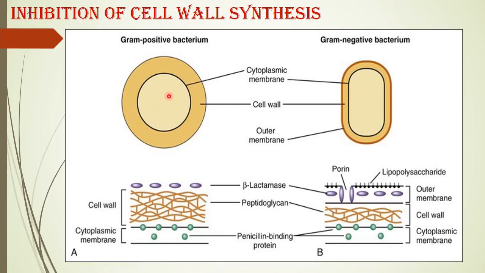Inside this cell, in the cytoplasm, we have a high osmotic pressure. Nature has created it in such a way. And this high osmotic pressure can lead to lysis of the cell.